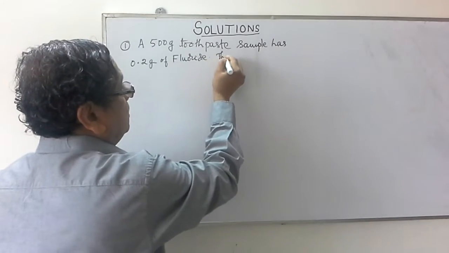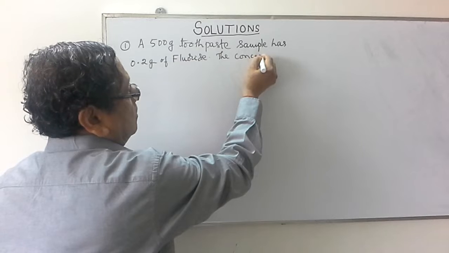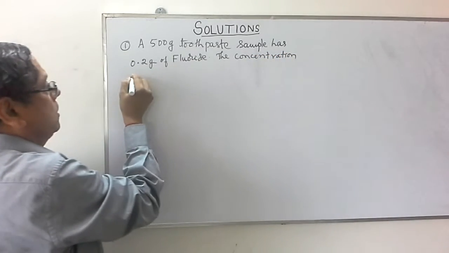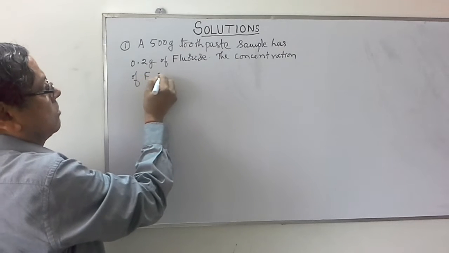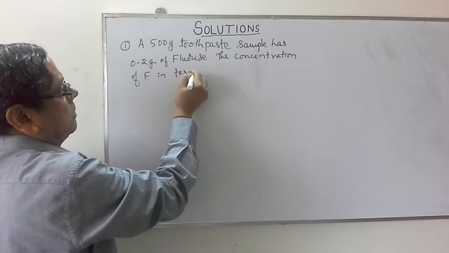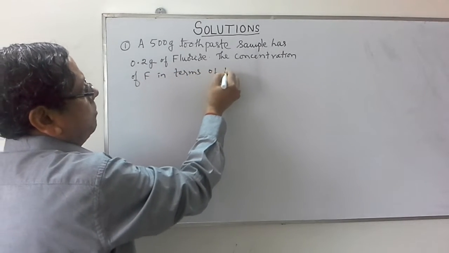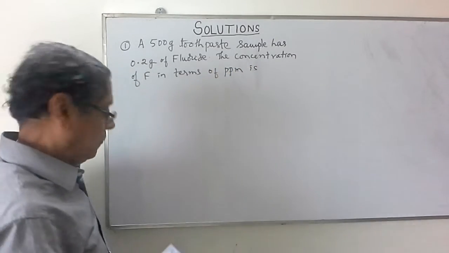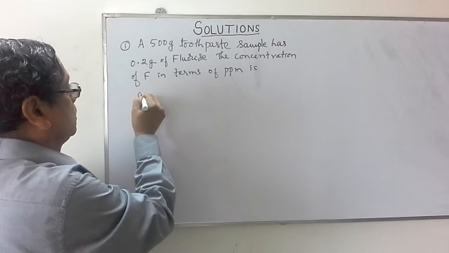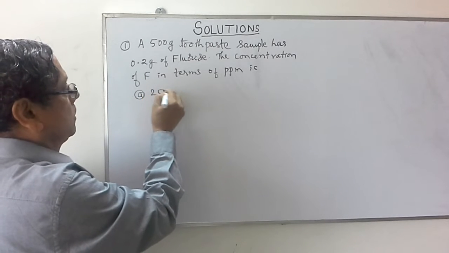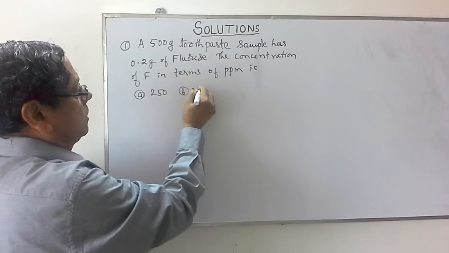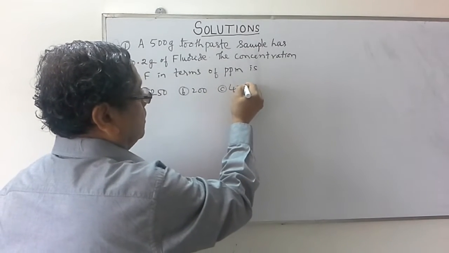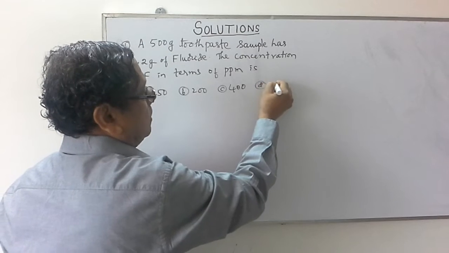The concentration of fluorine in terms of ppm is, the four options given are 250, 200, 400 and 1000.